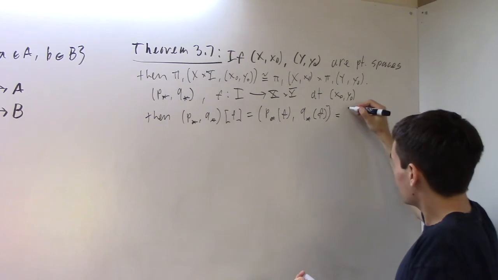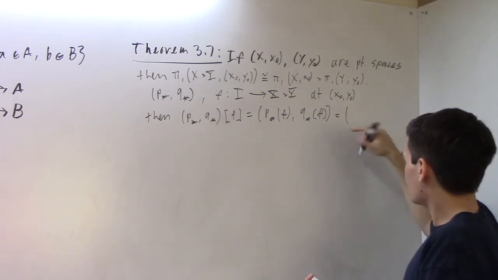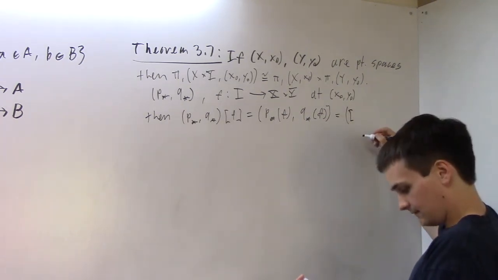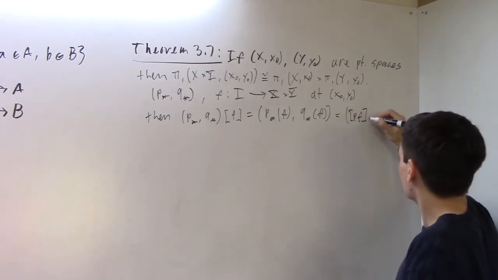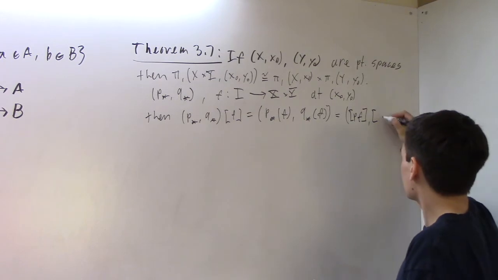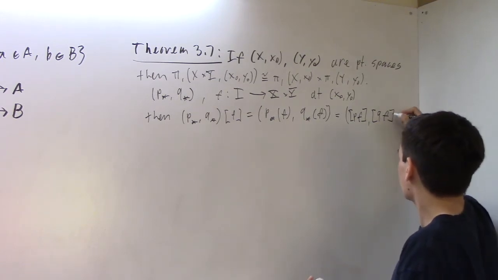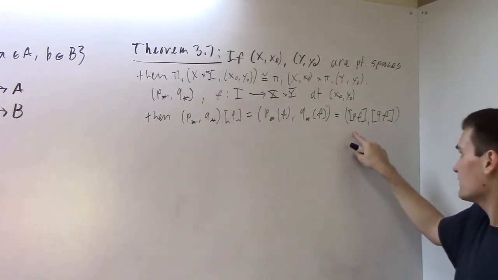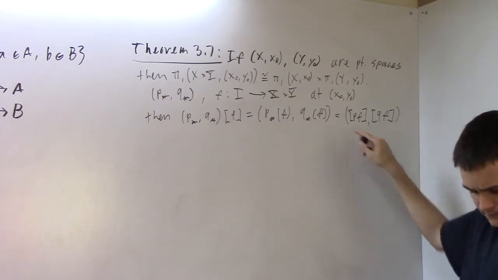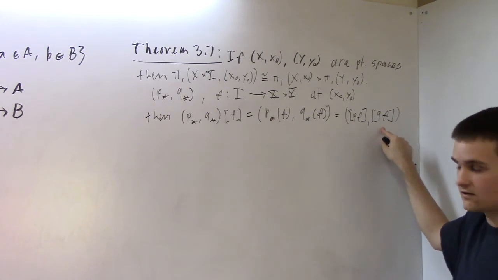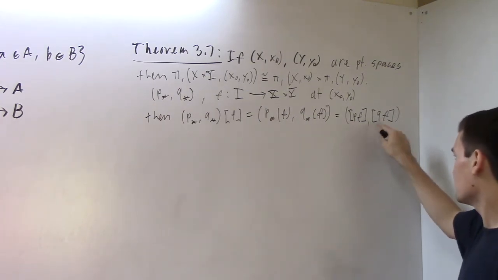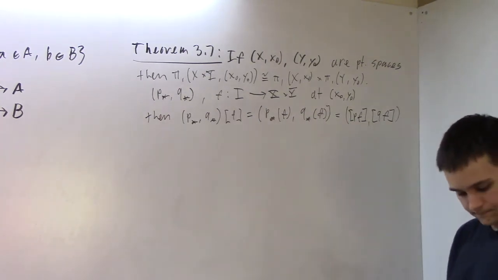Or in other words, the direct product of the path class of P composed with f and the path class of Q composed with f. And in the book, I found sometimes they do and sometimes they don't explicitly write the composition there, but this means P composed with f and this means Q composed with f.